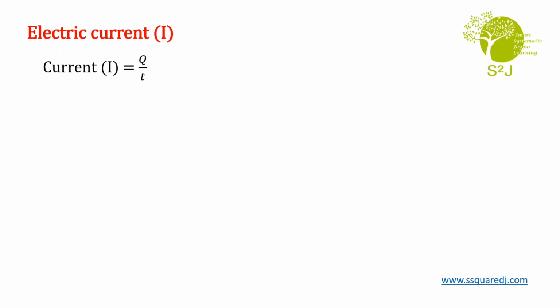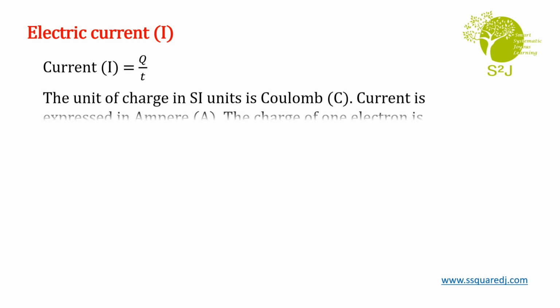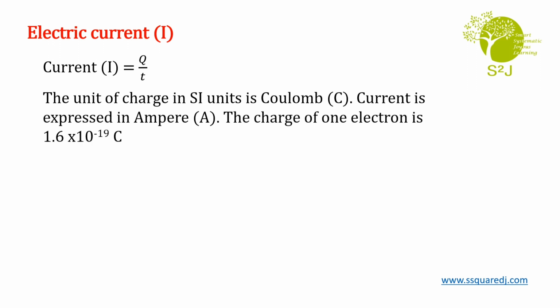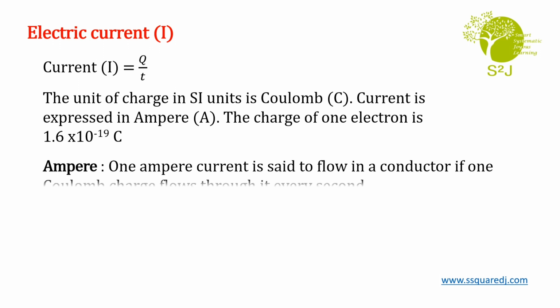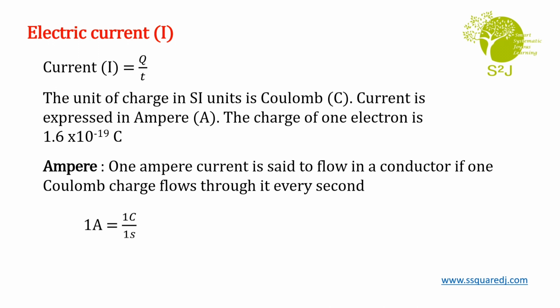Current is denoted by I. The formula for it is charge upon time. The unit of charge is coulomb and the unit of current is ampere. Just like 1 volt, 1 ampere current is said to flow in a conductor if 1 coulomb charge flows through it every second. 1 C upon 1 s, that is 1 coulomb per second.